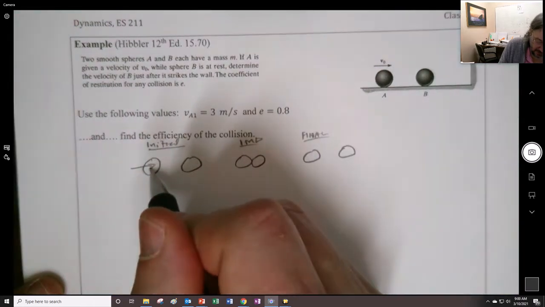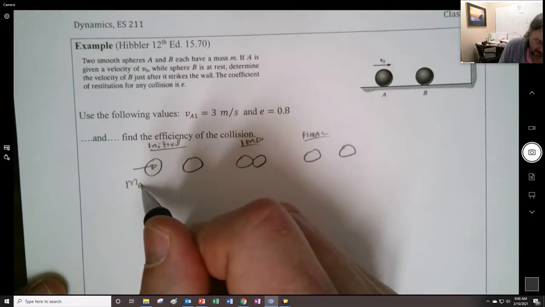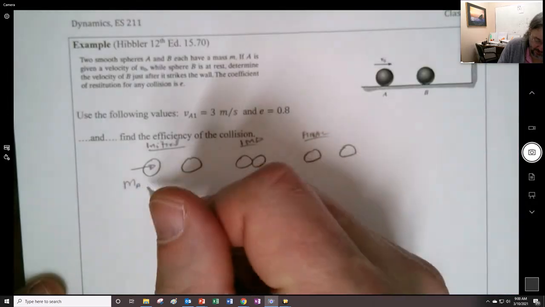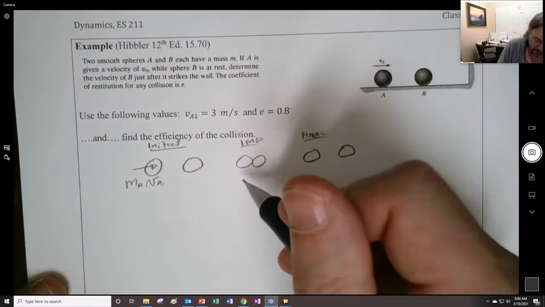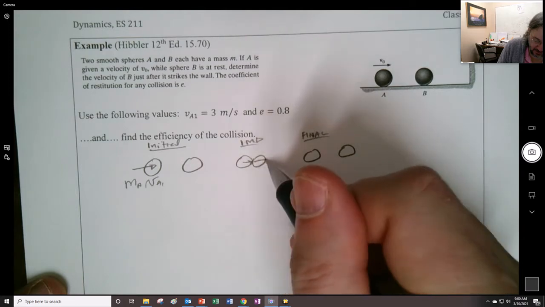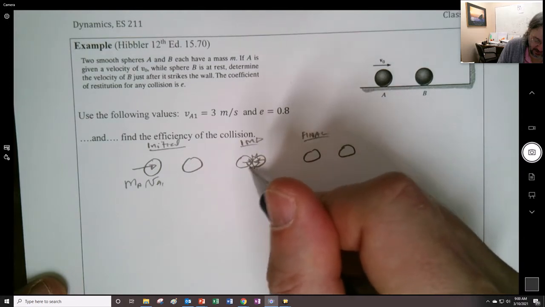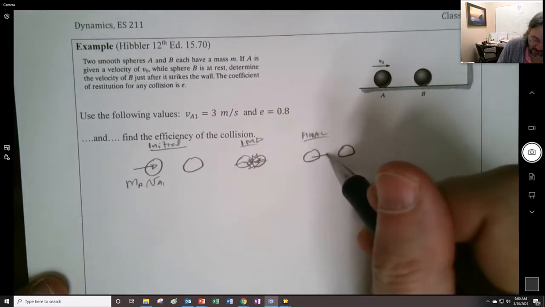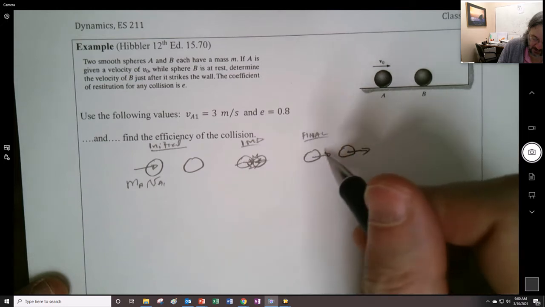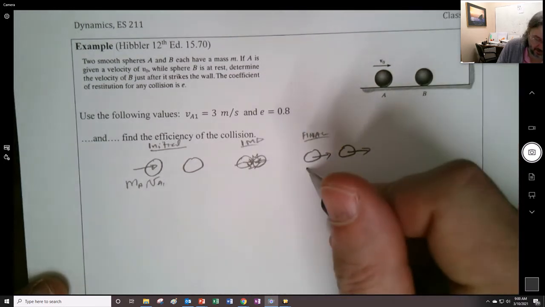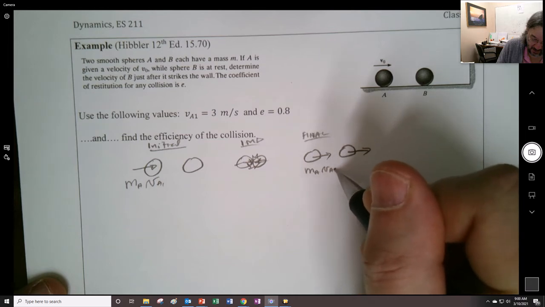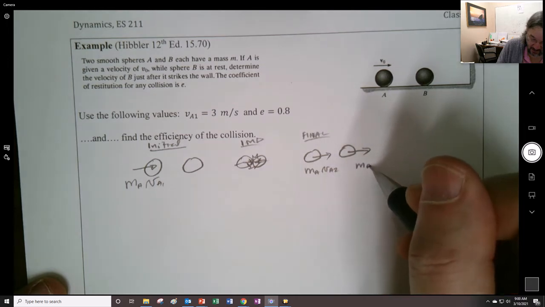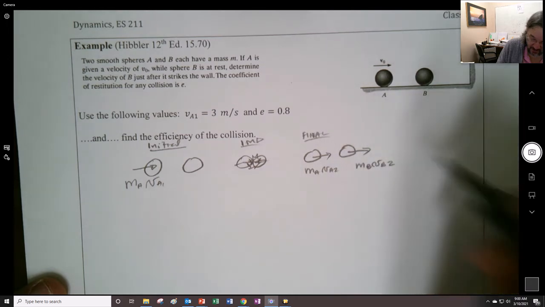We have this one here as MA, and all the masses are equal to each other, so they're all going to cancel out, but it would be a little more interesting if they didn't. So we have our little impact going on right there. And after the fact, because we don't know if A is going to bounce back that way, we'll go ahead and assume here. So we've got MA VA2, MB VB2.